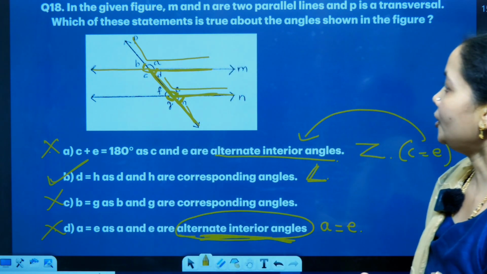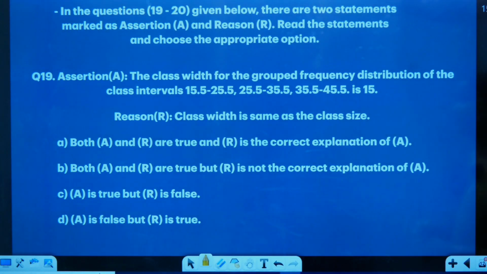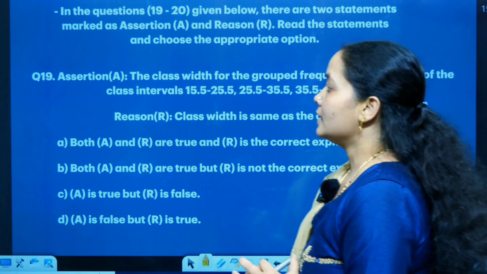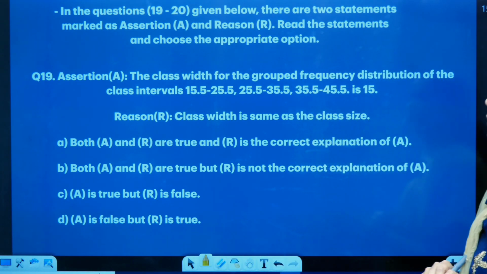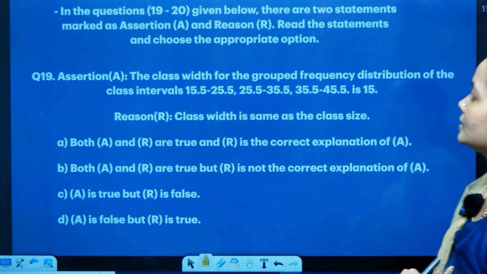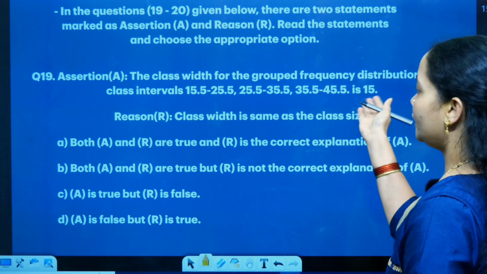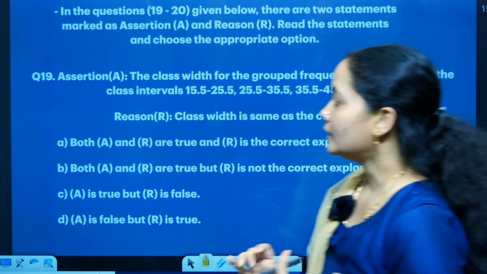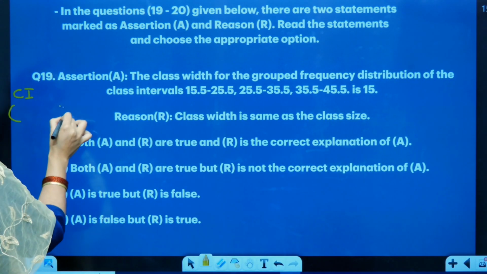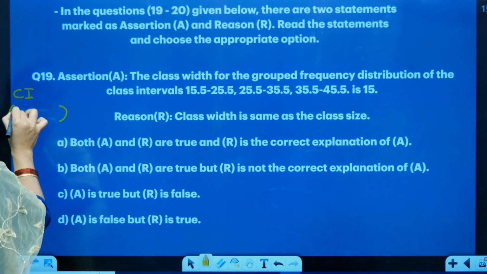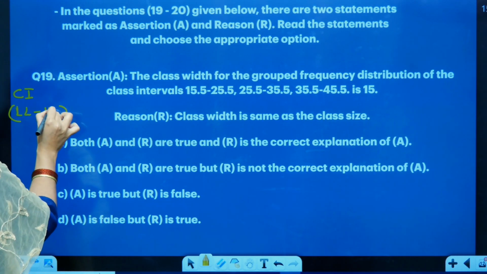Okay. Moving on to the 19th question. In this we have taken assertion and reason. The 19th assertion says the class width of the grouped frequency between class intervals given here is 15. What is class width? If I have a class interval, the class interval will have two things. One is my lower limit, the other is my upper limit.